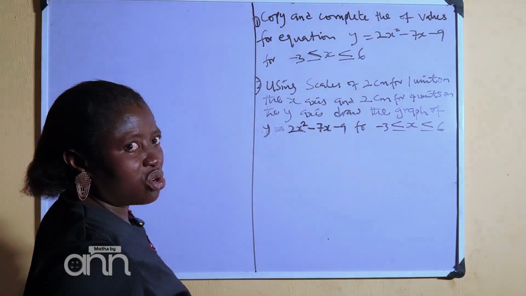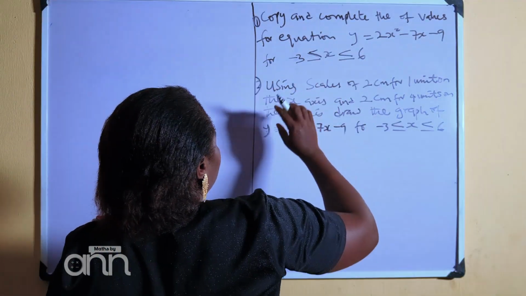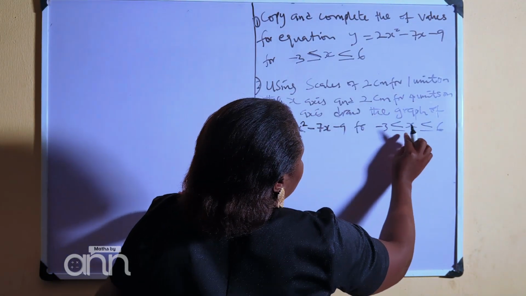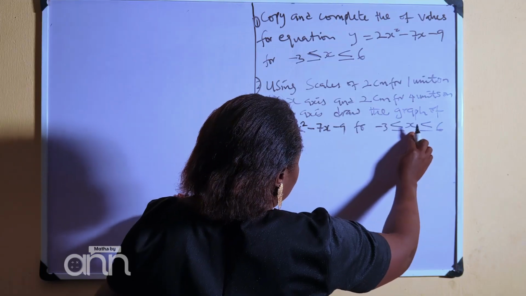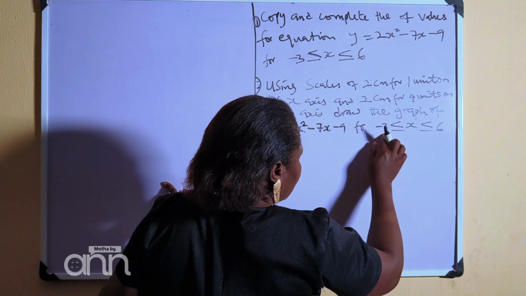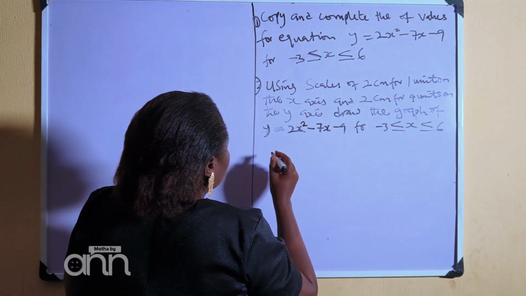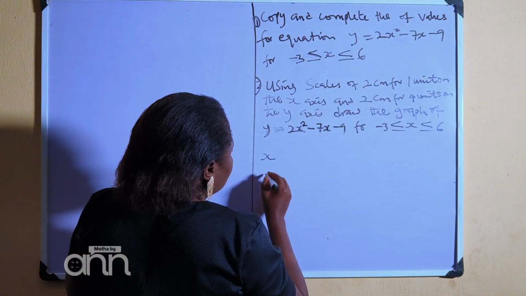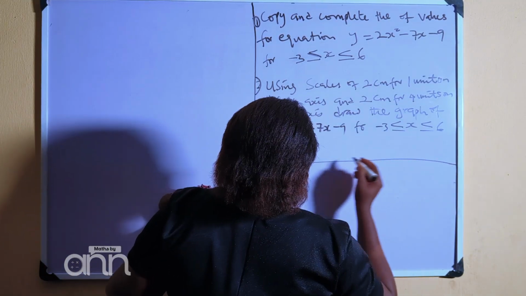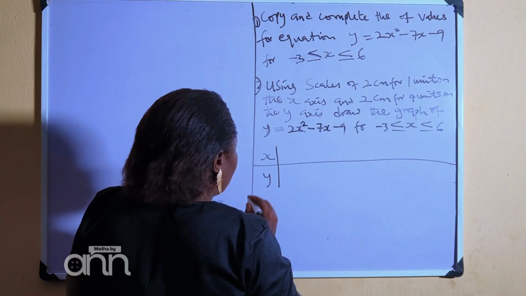First of all, we draw a table and put these figures of minus 3 less than or equal to x less than or equal to 6, that is ranging from minus 3 to 6. So the table is x and then y. We form the columns.